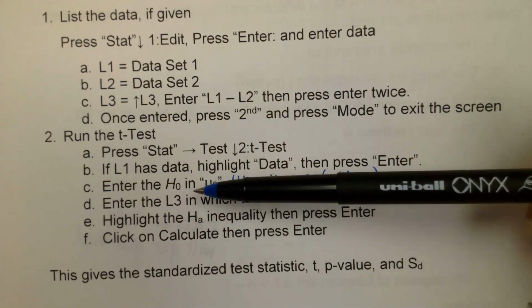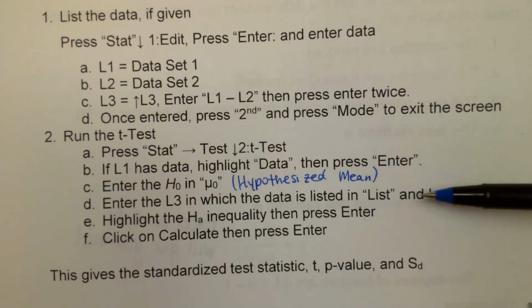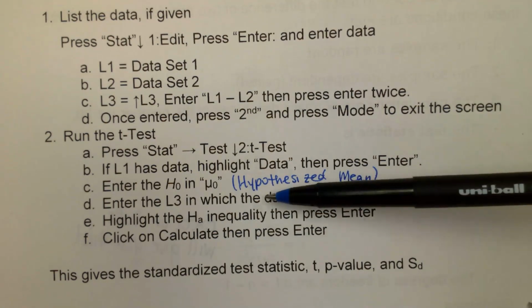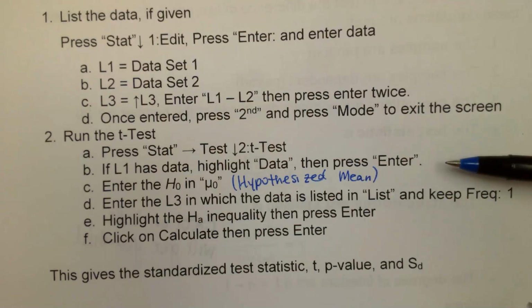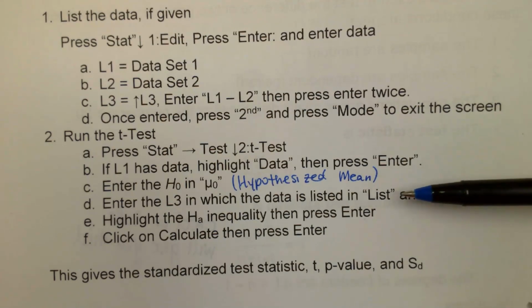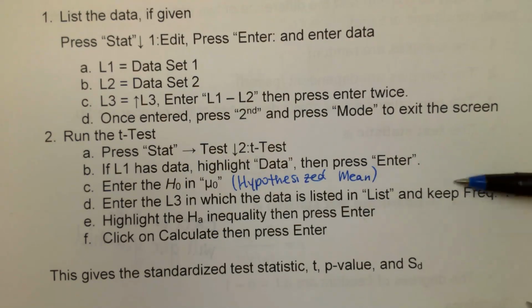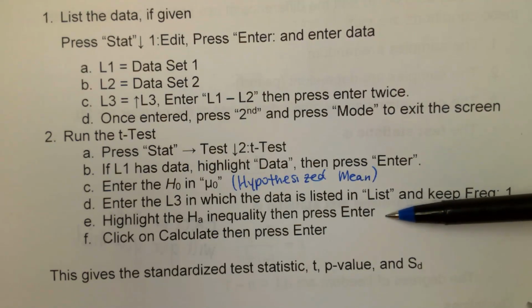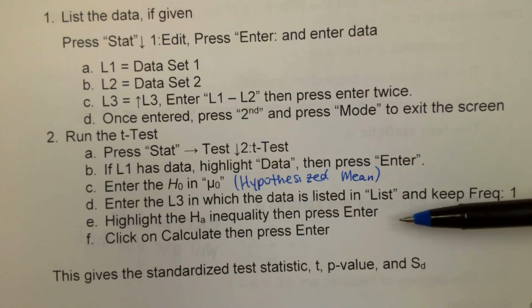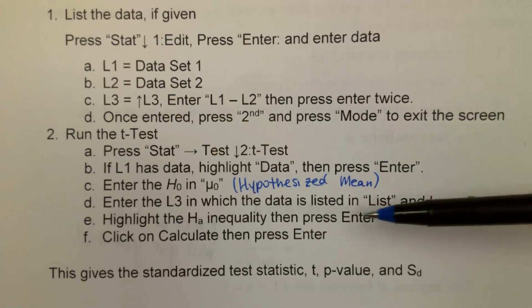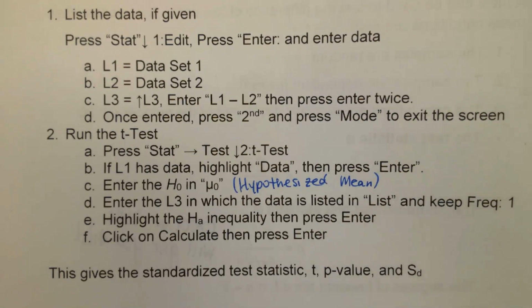So you're going to enter the L3 in which the data is listed in your list. Okay, so we're going to run our L3, not our L1, but our L3. Keep frequency at 1. Highlight the HA inequality. Just like a regular test, you're going to have your t, p-value and your standard deviation.